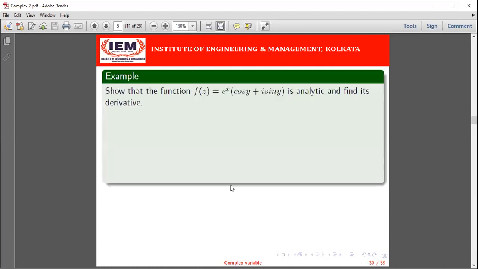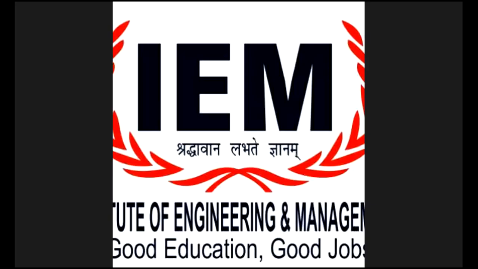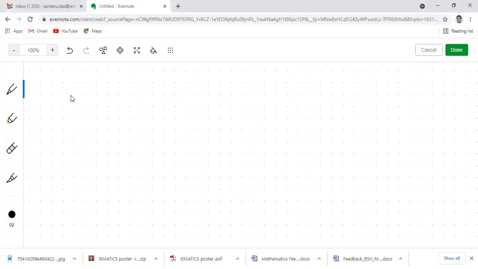Now I'm discussing one problem. I think without discussing in the PPT, if I write it in the notepad, it will be easier for you to understand. Okay. The problem is, let us consider f(z), that is e to the power z.